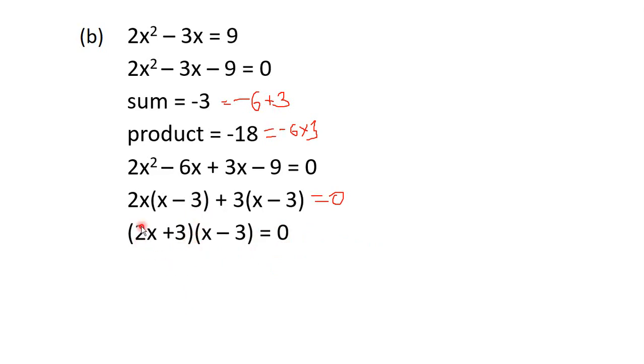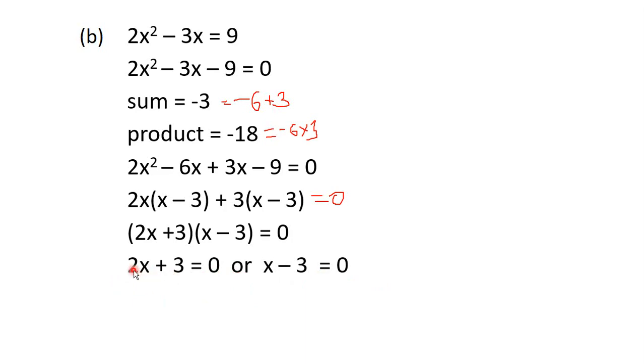So it means that to get a 0, either 2x plus 3 is equal to 0 or x minus 3 is equal to 0.